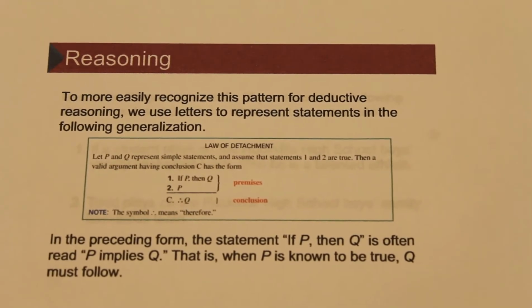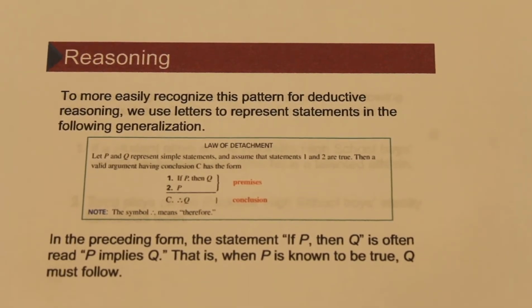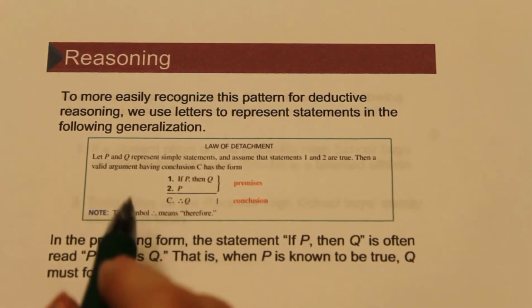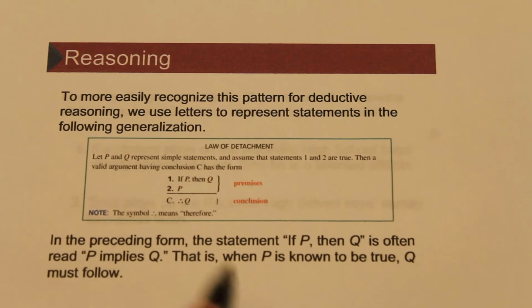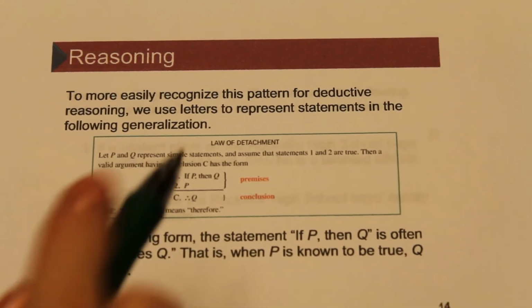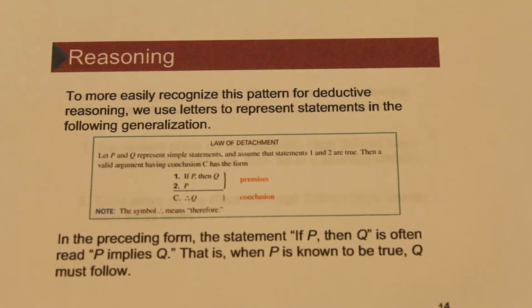There are many more examples, but let's go ahead and look at the formal reasoning. Here's the logical symbolism for the law of detachment and this deductive reasoning. We will see this pattern all the time, and I've actually already drawn this for you. We're going to use letters to represent the statements.